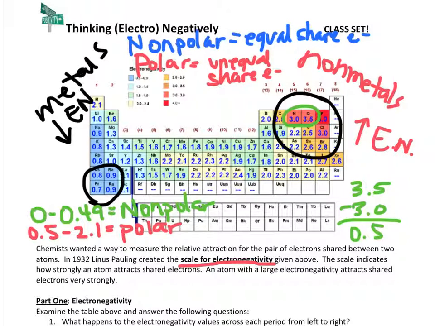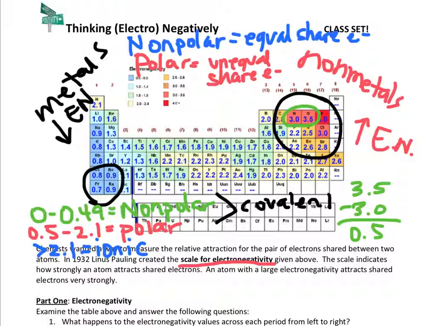They're still shared, but not fairly. And then last but not least, if it is greater than 2.1, it is an ionic bond. We're not sharing anymore. The strength of one just overpowers the other and rips it away. So these two, the first two, are still covalent.